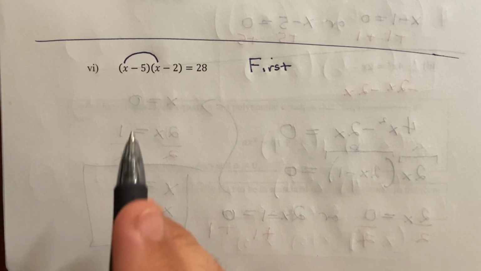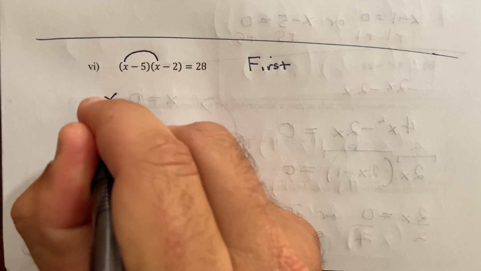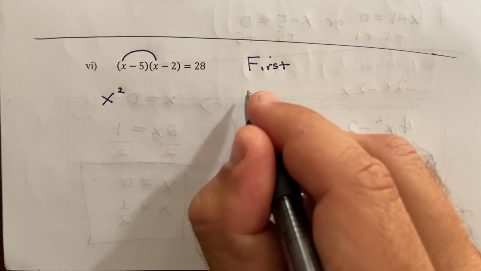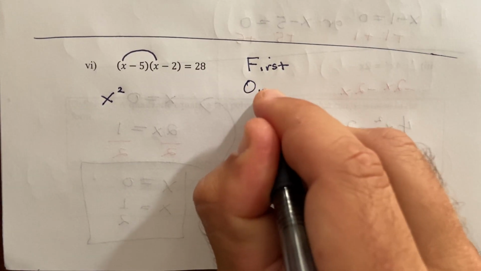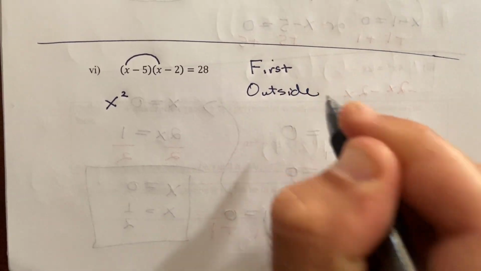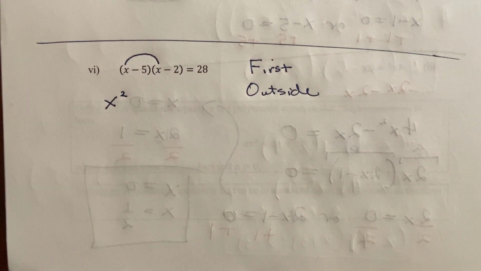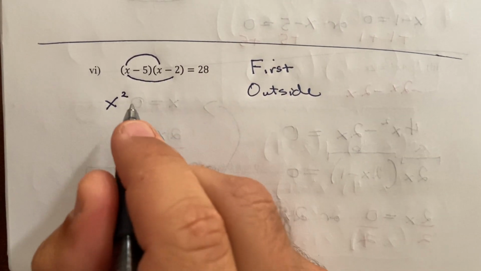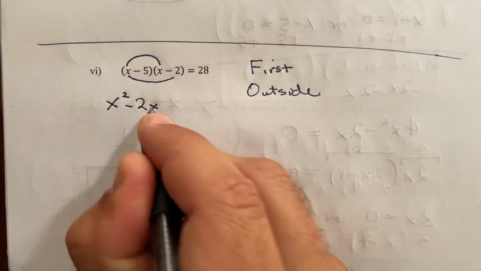So that first combination is going to be x squared. Then I go to the outside. What I mean by outside is this combination. So that'll be negative 2x.